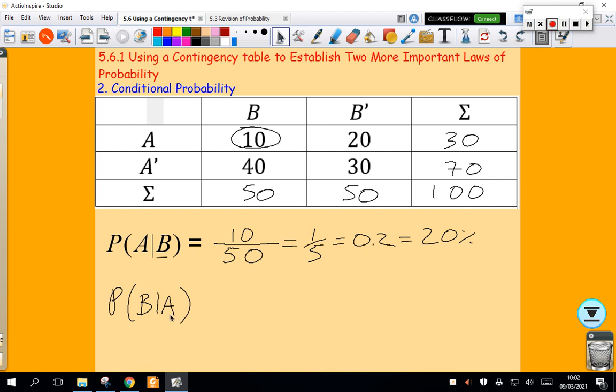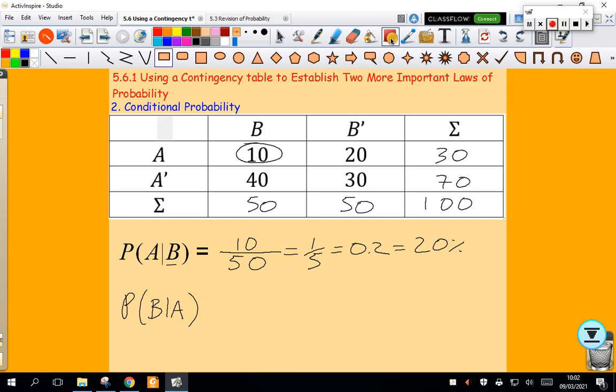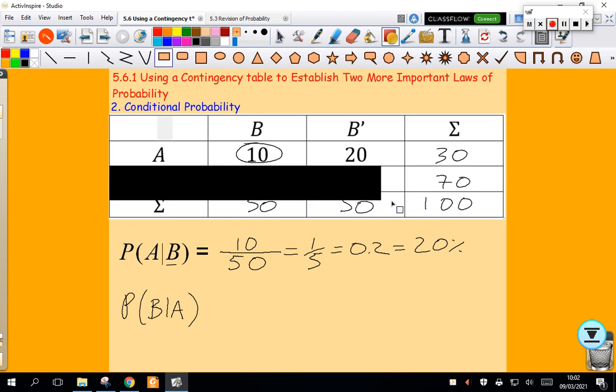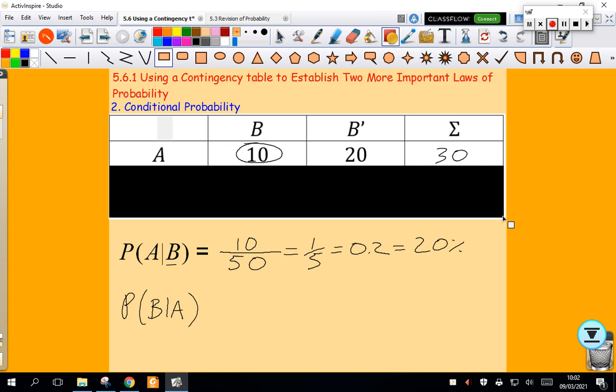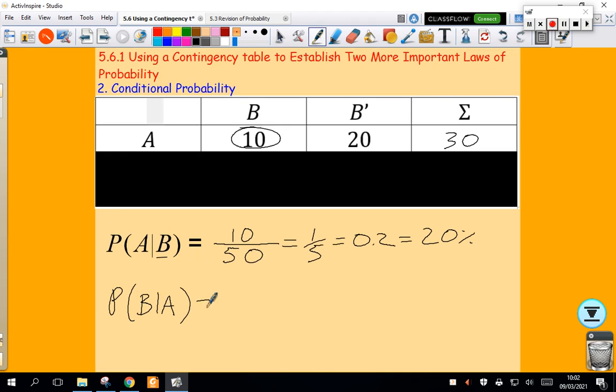So we're given that we have to be dealing with row A, so I can discount everything that isn't in row A. I'm trying to find the probability of something being in column B, given that it has to be in row A. Given that we're dealing with row A, the total number of possible outcomes in row A is 30.